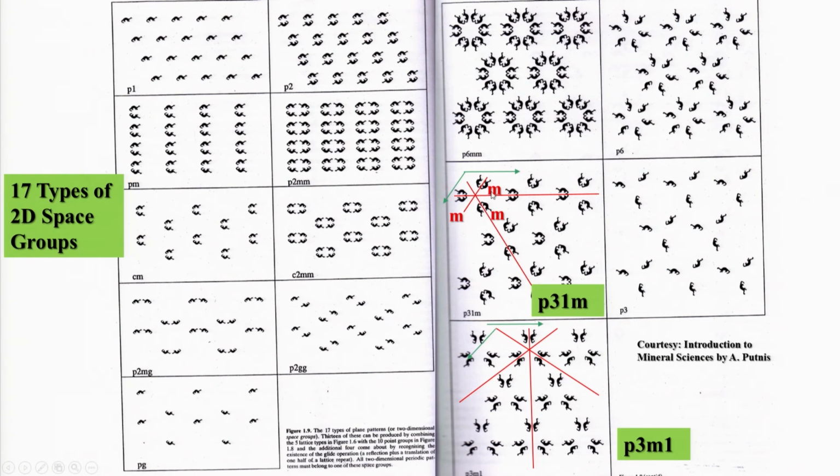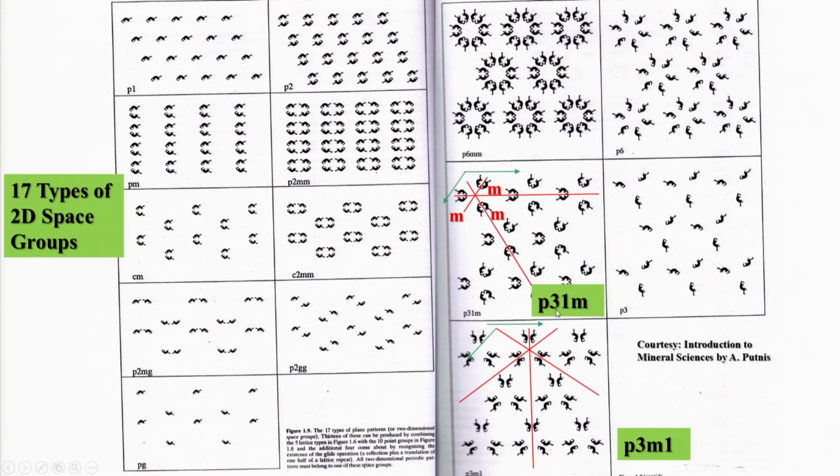Now, this is translated along this direction, that is A distance, and it can also be translated along this direction A. So, if both the distances are the same A and this is 60 degree, then it generates a pattern which we call P 3 1 m.